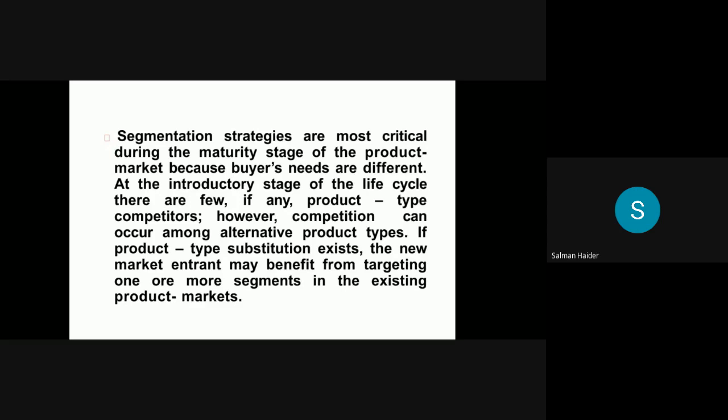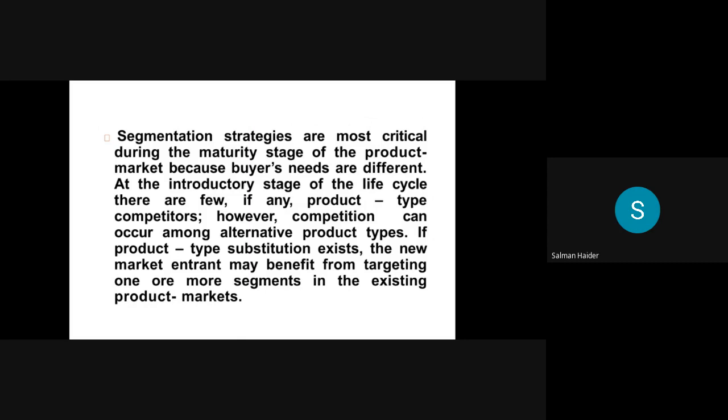Especially when a new product has to launch in the market, it is very easy to handle. But later on in the maturity stage, where the product reaches maturity during the product life cycle and the growth is stagnant, how to increase the growth, or else it is going to diminish.